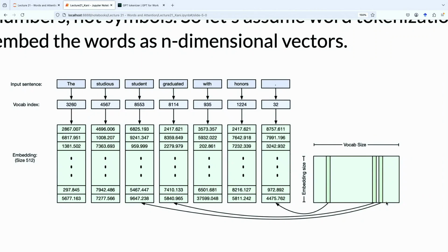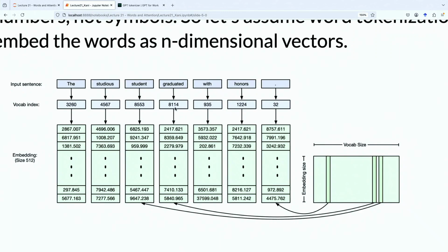Okay? So, again, everything in machine learning is a vector or matrix. Well, vectors are matrices. Everything in machine learning is a matrix. So, why do we embed? Why don't we give the machine learning model just this number?